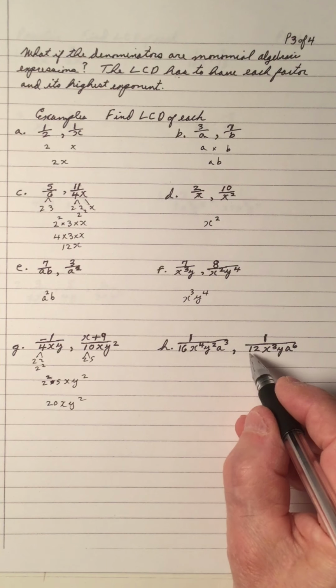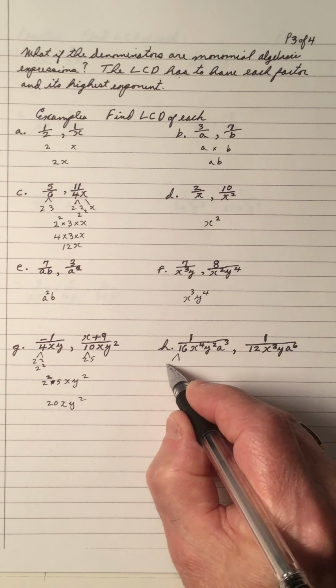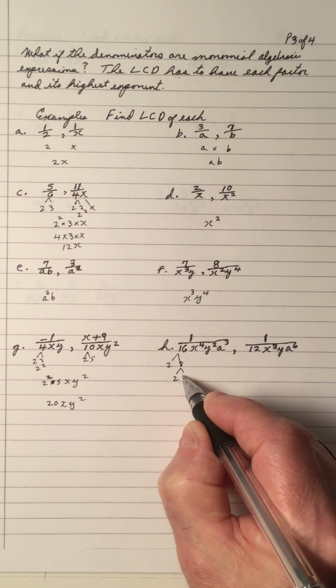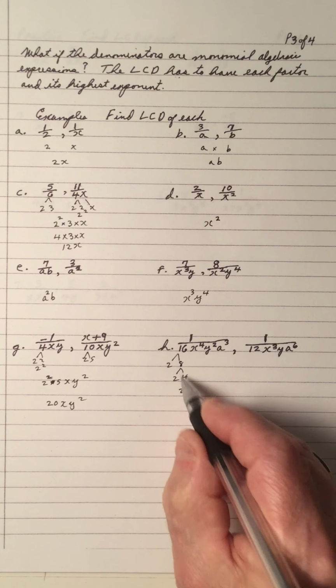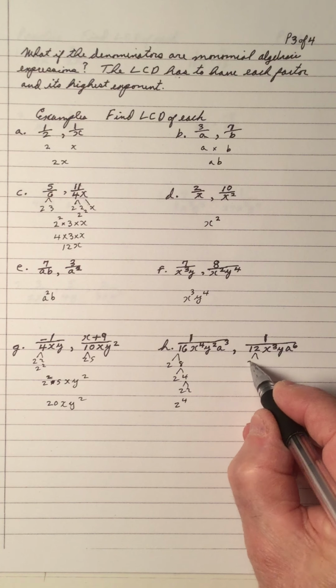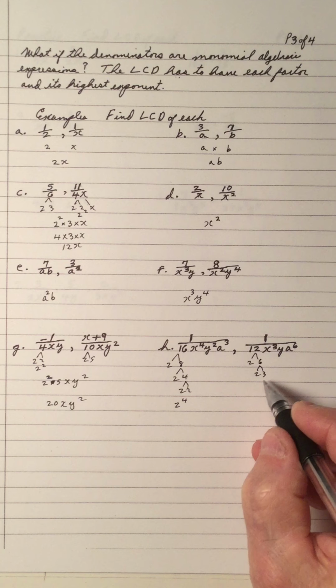H, 16 and 12. Let's deal with the numbers first. 16 is 2 times 8. 8 is 2 times 4. 4 is 2 times 2. So 16 is 2 to the 4. 12 is 2 times 6, and 6 is 2 times 3.